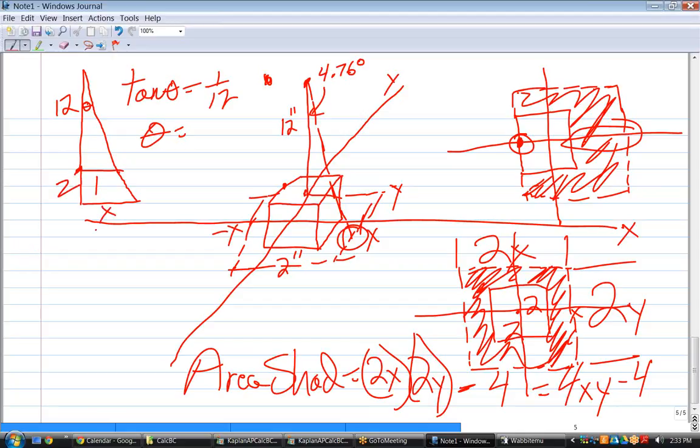And this distance I'm going to call x. In other words, this point right here is x. So I can say the tangent of 4.76 degrees is equal to x divided by 14.